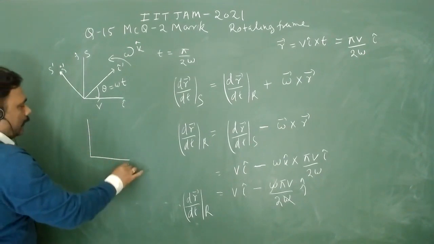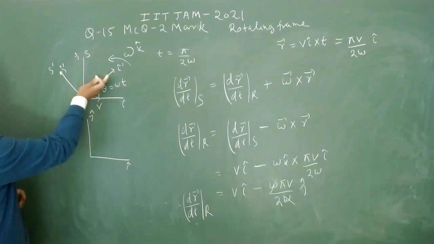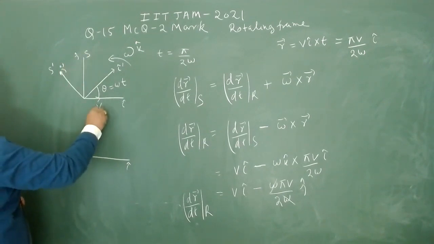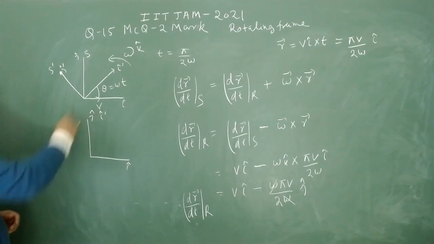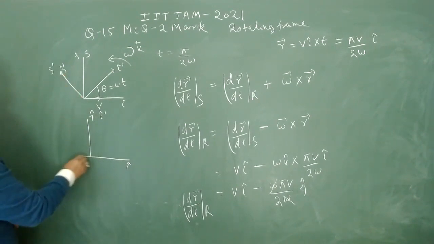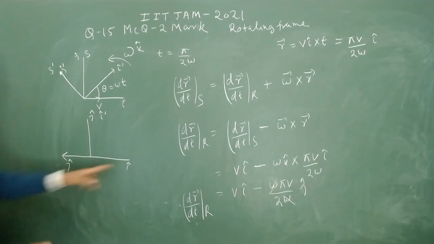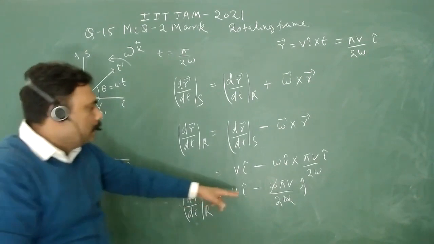We have i cap here and j cap here. This i dash cap is in the direction of j cap, and this j dash will be in the direction of minus i cap. So accordingly, we have to change this particular thing.